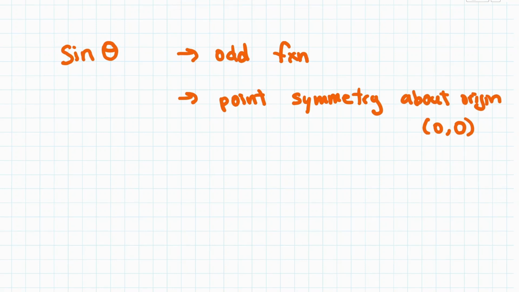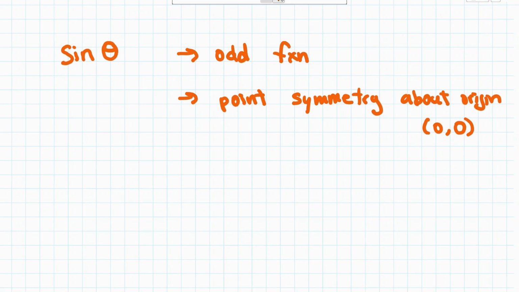So what does that mean for us today? Since sine is an odd function and it has point symmetry about the origin, that means you can rotate your function 180 degrees or pi radians and end up where you started. This also means that you can reflect across the x-axis and across the y-axis to end up with what you started with.